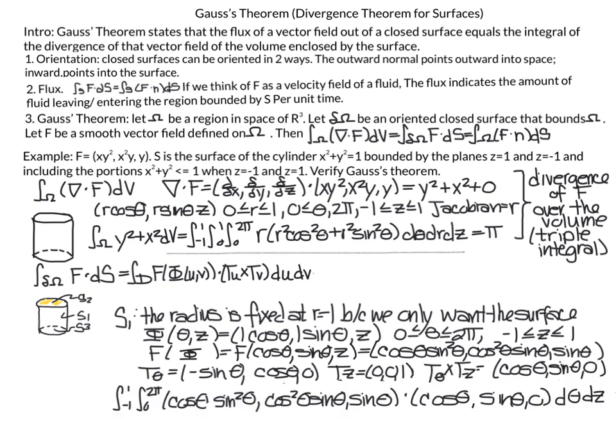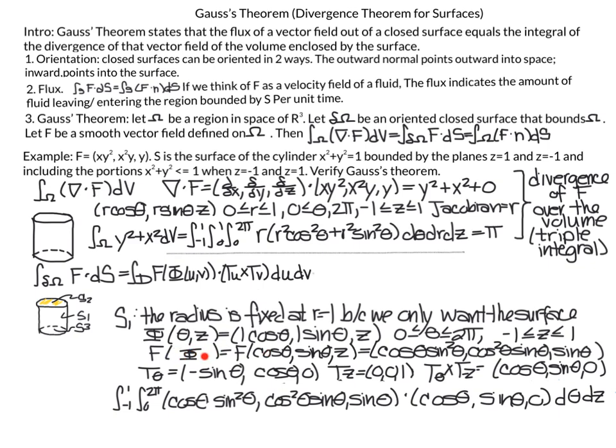Now I'm ready to set up my integration according to this formula here on top. And I'm taking this with respect to my two variables of phi, which is theta and z. So theta goes between 0 and 2 pi, and z goes between -1 and 1. And then I need my f composed of phi, which I have written down.